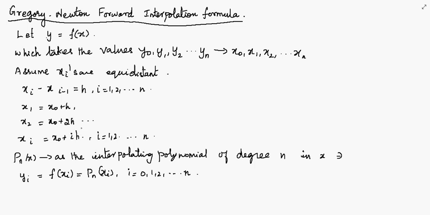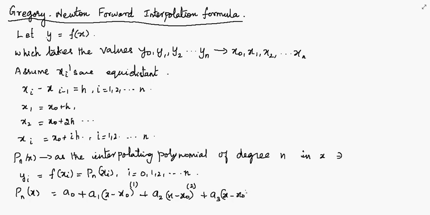Now we will assume that Pn of x is of the form Pn of x is equal to a0 plus a1 into x minus x0 whole power 1 factorial, that is factorial polynomial here, plus a2 into x minus x0 whole power 2 factorial, plus a3 into x minus x0 whole power 3 factorial, like that.